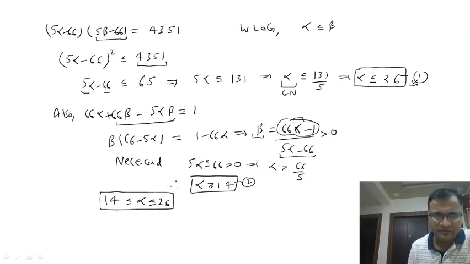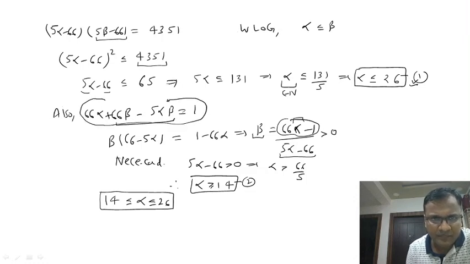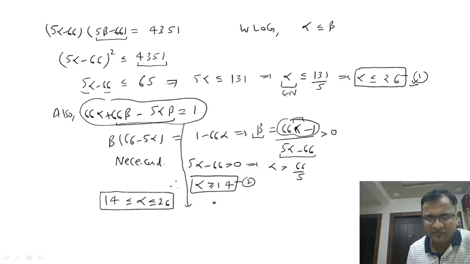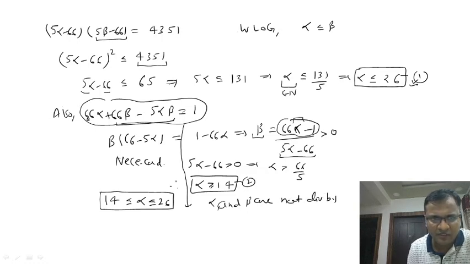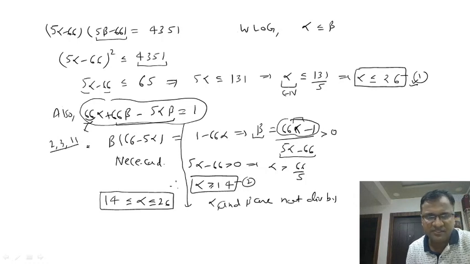Now again, if we work on this equation, then there is one more very strong observation. From this we can say that alpha and beta are not divisible by 2, 3 or 11, because the coefficient of alpha is 66, which is divisible by 2, 3 and 11, 6 into 11 is 66.